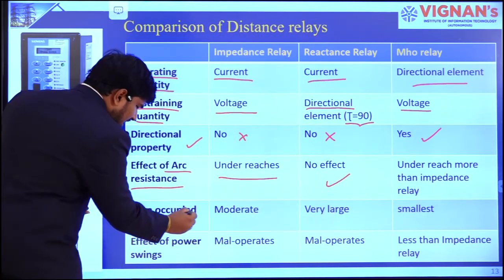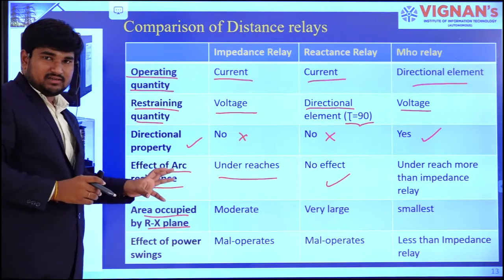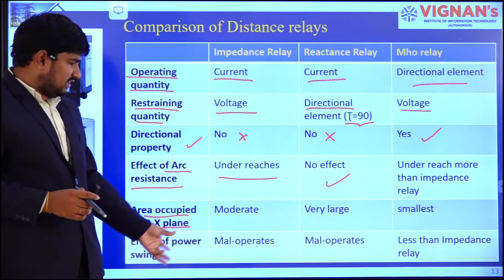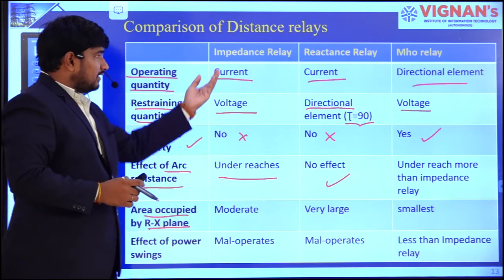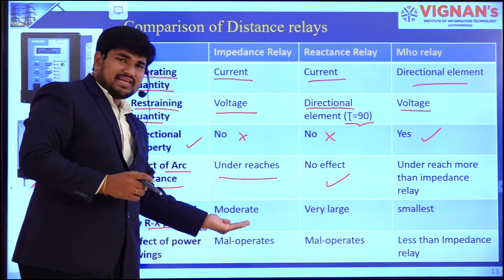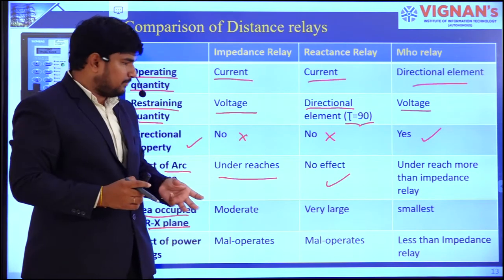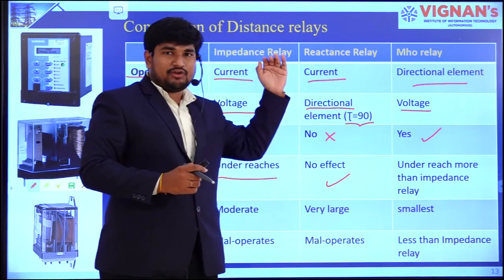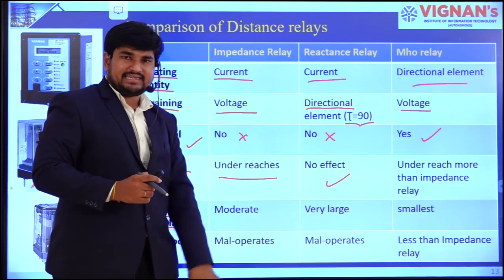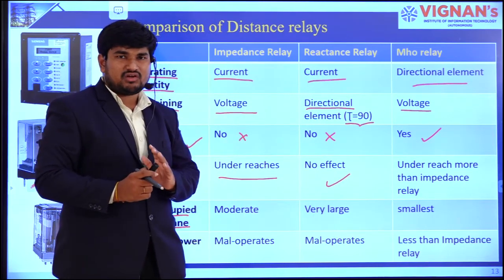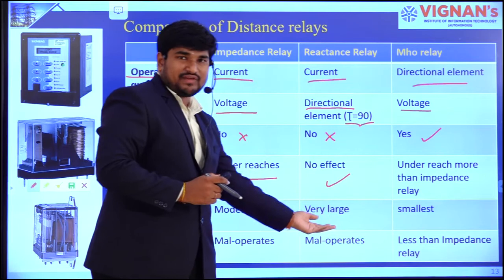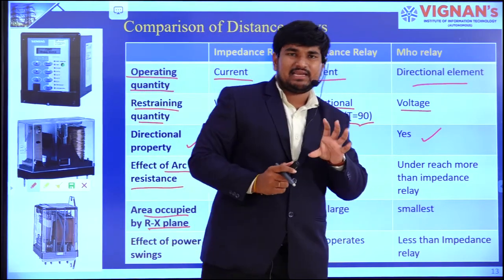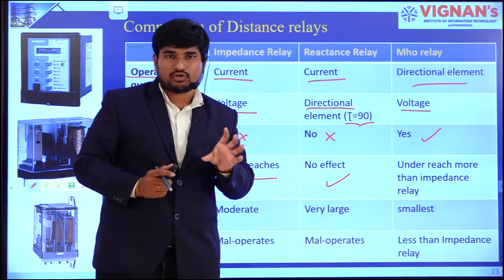And the area occupied by the Rx plane, because of this area only power swing will be defined, right? In the impedance type relay the area is moderately occupied by the Rx plane, but in the reactance relay, up to the set value in the positive zone and the entire negative reactance zone is also occupied. That means it is very large. But in the Moore relay, it is mostly limited to the first quadrant.